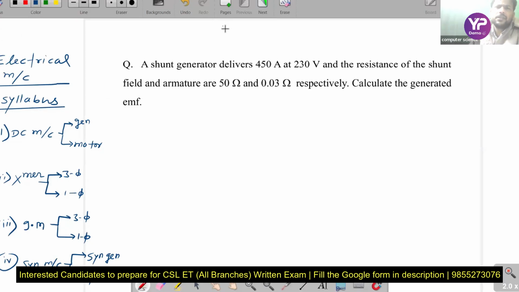We first study DC machine, and in DC machine we first cover the DC generator part, then we cover the DC motor part. According to the Cochin Shipyard Limited paper analysis, the level of question is JE level, not much advanced or much below.